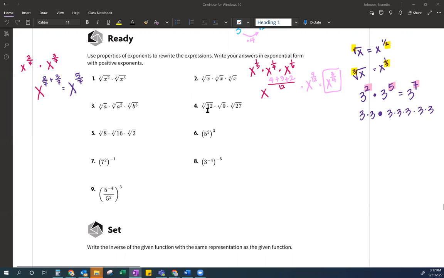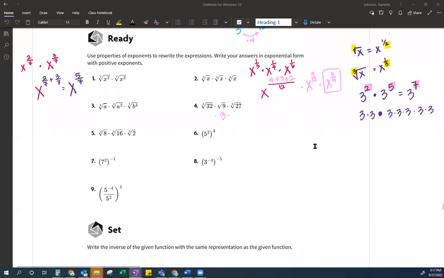This one's actually an interesting problem because we know what the square root of 9 is. Because you know what the square root of 9 is, it's a 3. And if you don't know what the cube root of 27 is, you're thinking what times itself gives me 27.